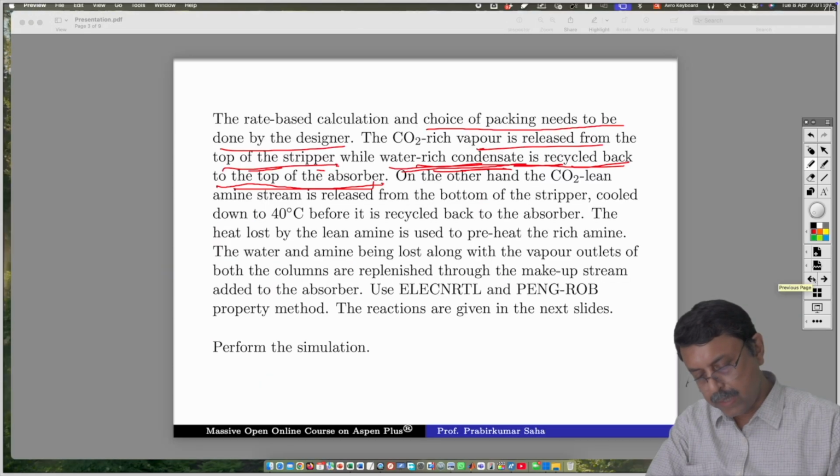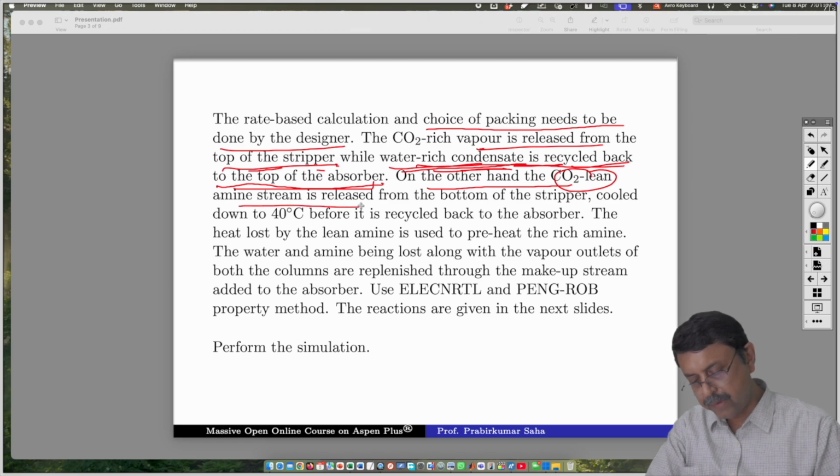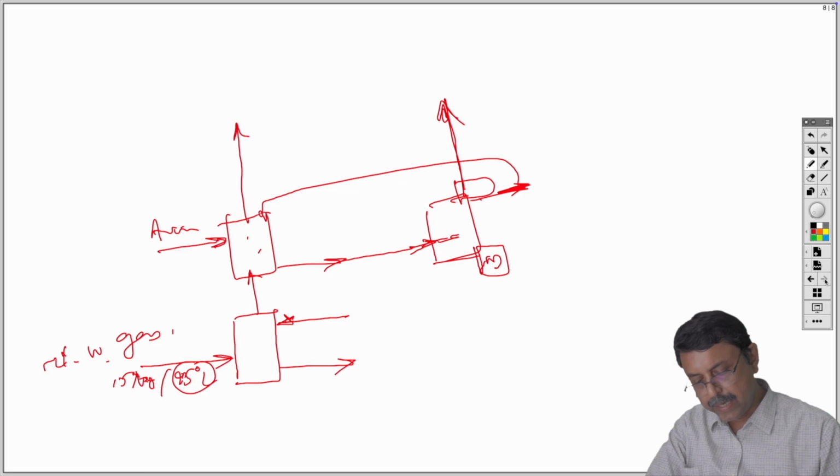Okay. On the other hand, the CO2 lean amine stream is released from the bottom of the stripper, cooled down to 40 degrees centigrade before it is recycled back to the absorber. So the CO2 lean amine is released from here because it is the reboiler. Reboiler provides heat. As a result, CO2 is released from here.